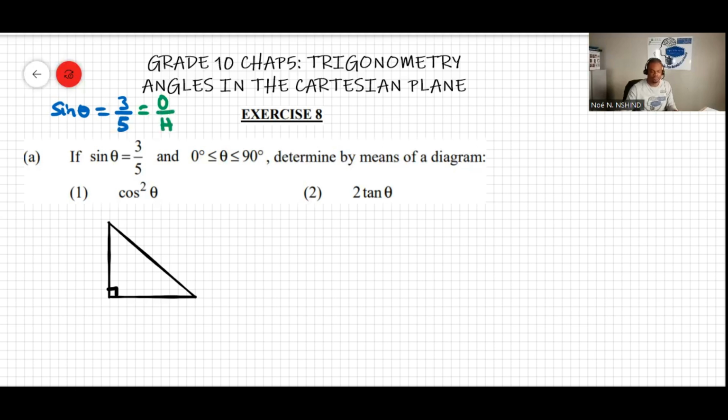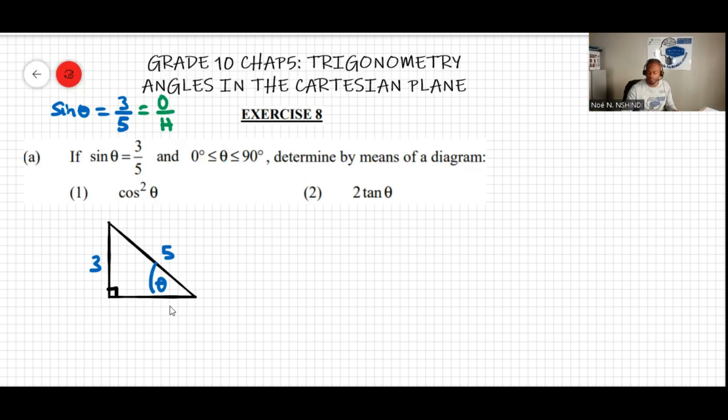Sine of the angle is opposite over hypotenuse, therefore the opposite side is 3 and the hypotenuse is 5. If my angle theta is over here, the opposite side is 3, this side, and the hypotenuse is 5. Now we can use Pythagoras to find the missing side.